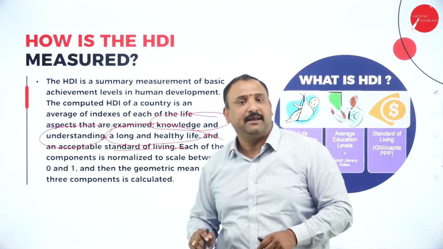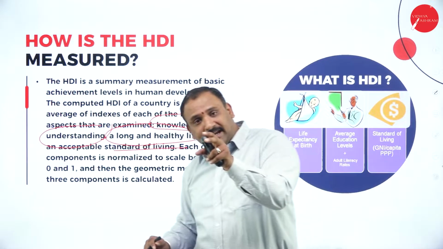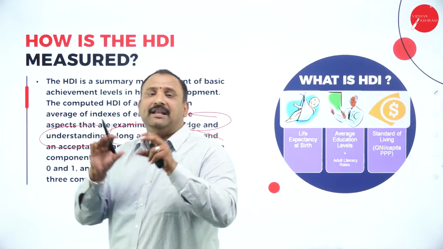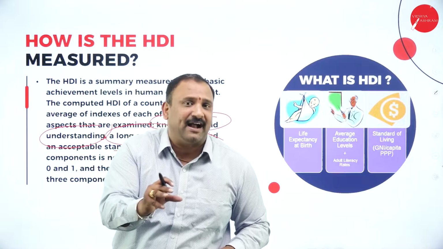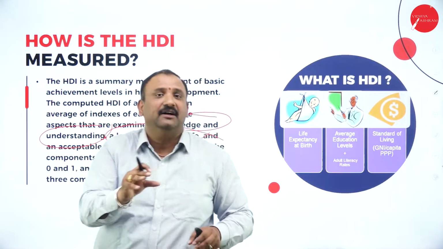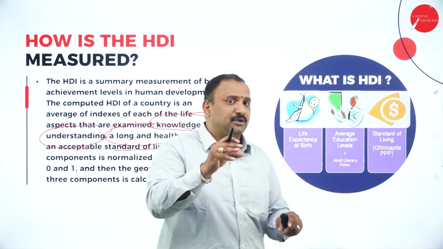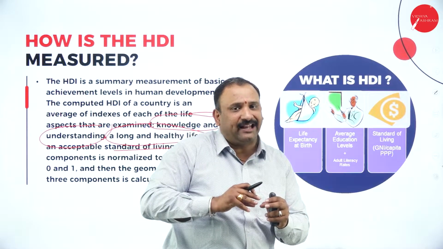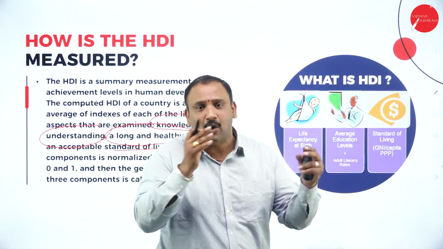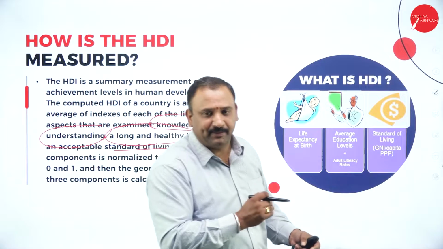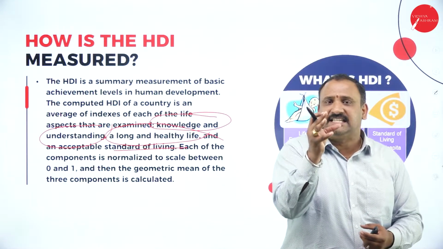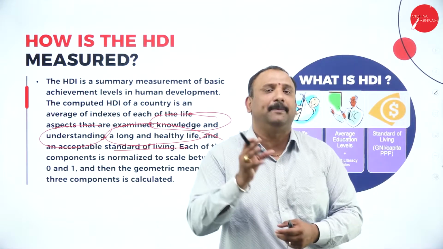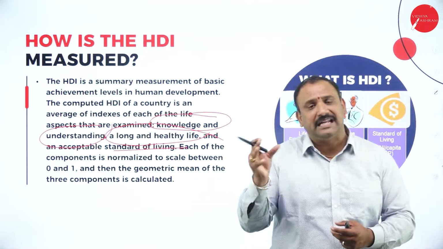Followed by, we are also going to talk about a long and healthy life and an acceptable standard of living. Health has always been a priority for many of us. But the health sector in India was never taken up so seriously as it was after the pandemic. Till the pandemic happened, people believed that health is just an optional factor that you keep talking about with friends or relatives.